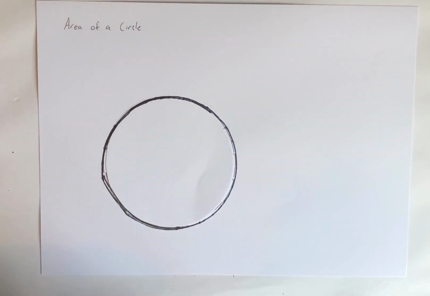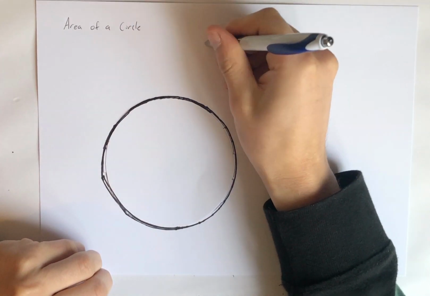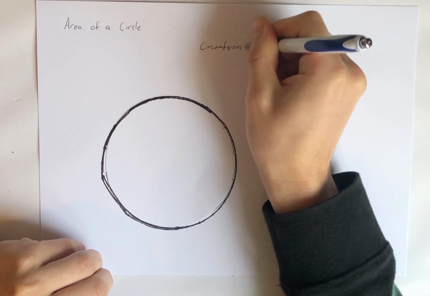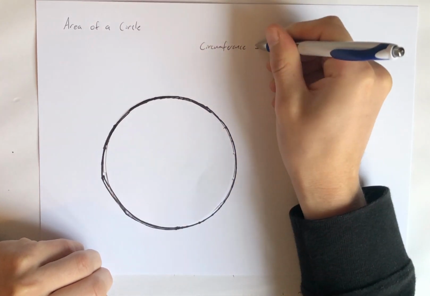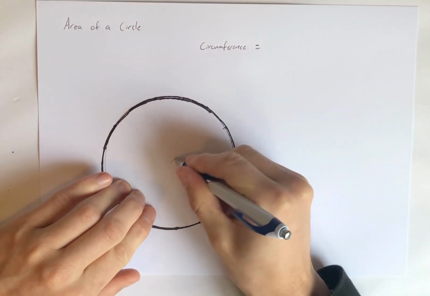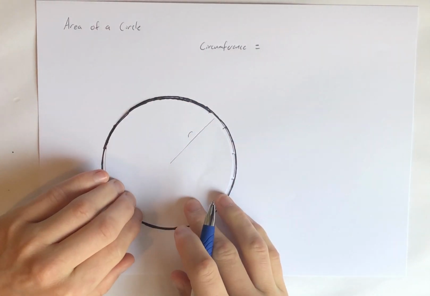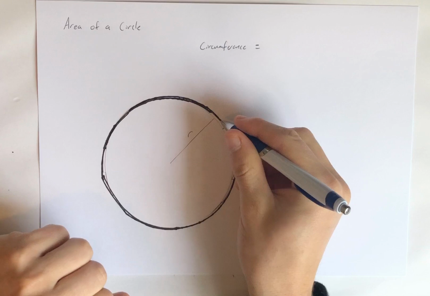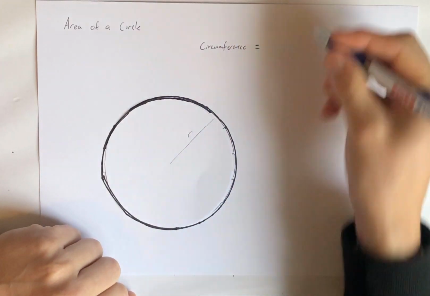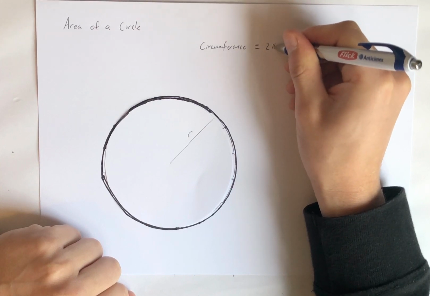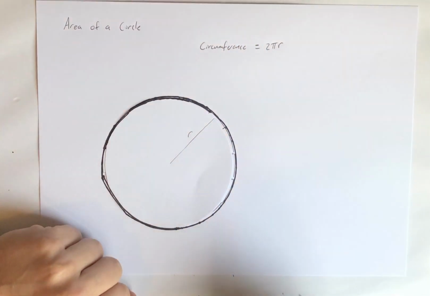But first of all, we need to remember one thing. What is the circumference? Now remember, if we have a radius r, which is from the center to the circumference, then that circumference, from a previous video we've done, was 2 pi radiuses.